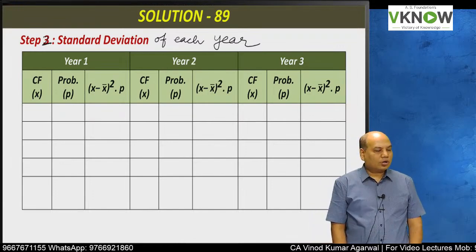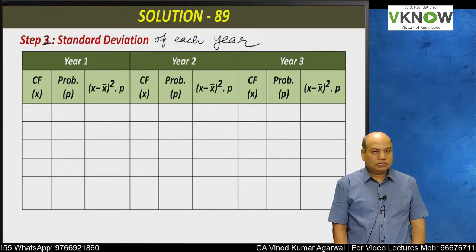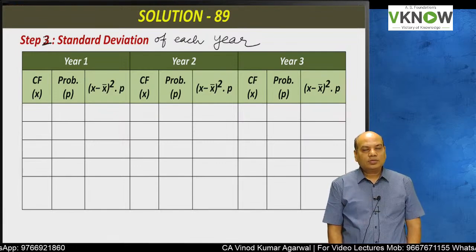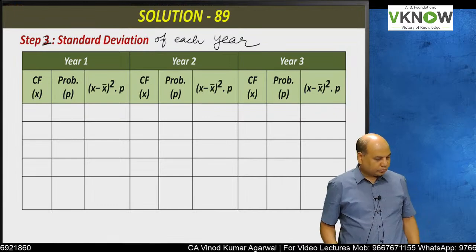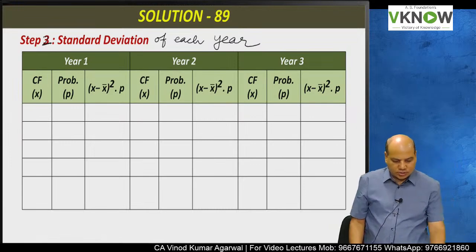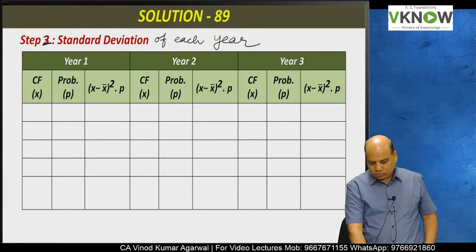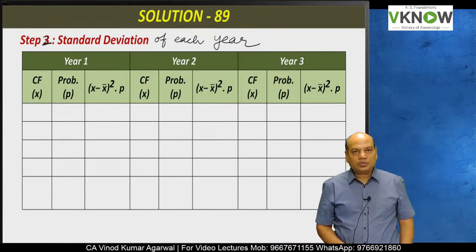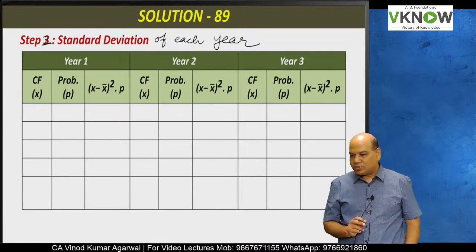First thing first, draw the table. Year 1, cash flow, probability, x minus x bar square. Then the next is year 2 cash flow probability x minus x bar square. Year 3 cash flow probability x minus x bar square.